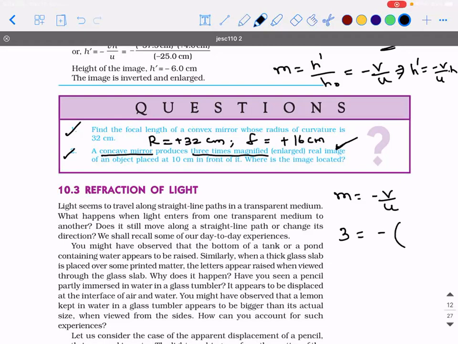They told real image, so real image means magnification is negative only. So v is equal to minus 30 centimeter. So for a concave mirror which produces a magnification of 3, when the object is placed at 10 centimeters from the mirror, it will produce an image at minus 30 centimeters.